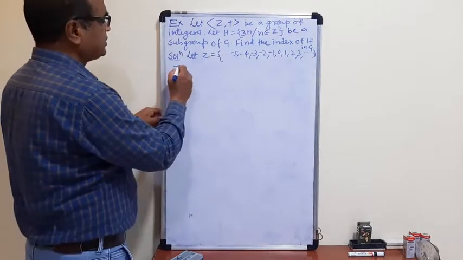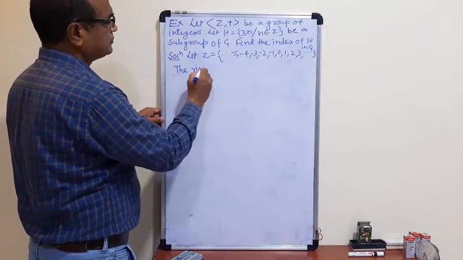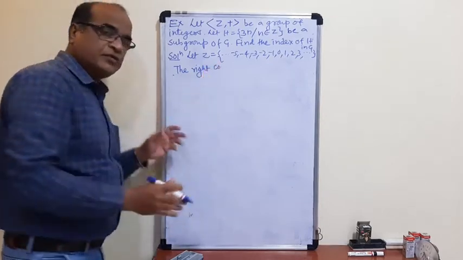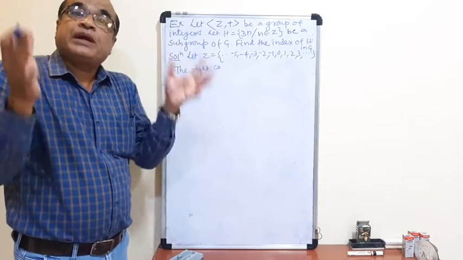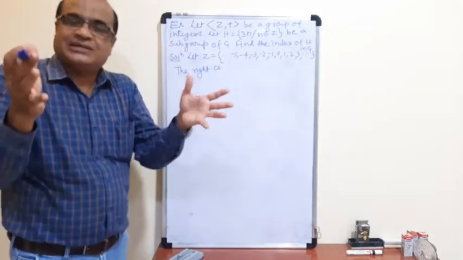The right coset. We find the right cosets with respect to the binary operation plus.